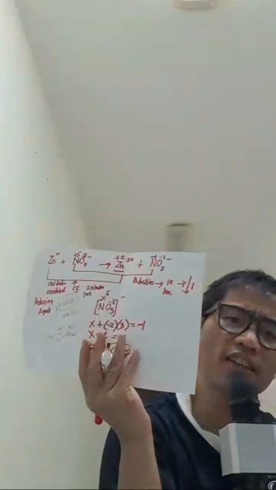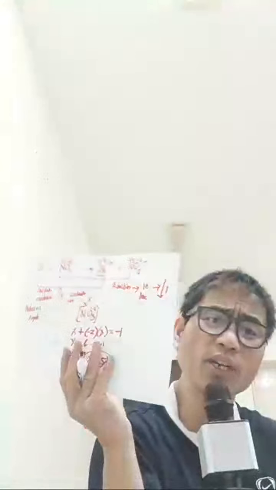From 5 to 4, so that is only 1. 1 electron gained and 1 oxidation number decrease. So arrow down. Like that. So automatically, this nitrogen is being reduced. And this is also our oxidizing agent.